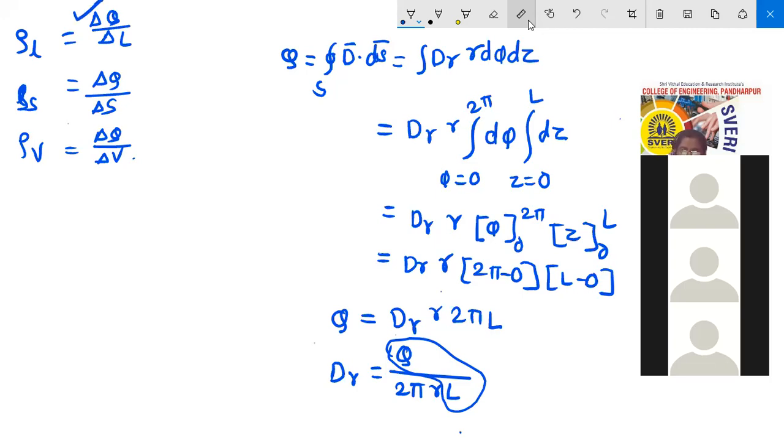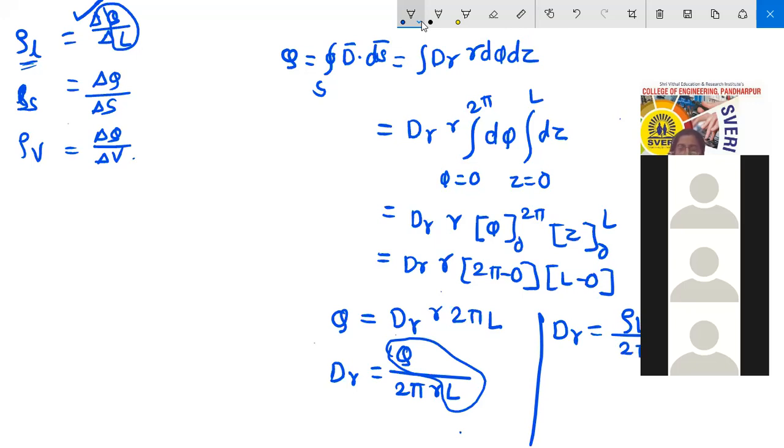So here this is Q by L, so instead of this Q by L, I'll write here rho L. So this dr is equal to rho L divided by 2 pi r.